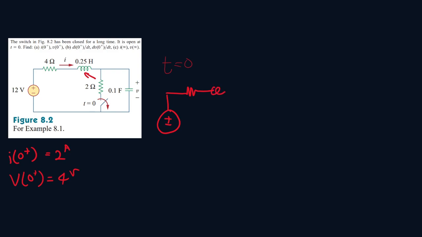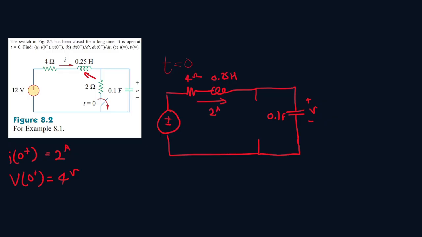Okay, so we don't have to include this part because this is an open wire, so there's no current passing through it. Okay, so we know the current passing through here is going to be 2 amps, and this voltage is 4 volts.